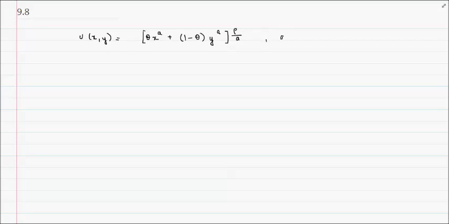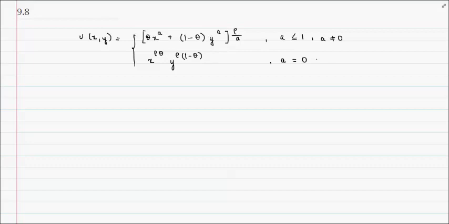This is when a is smaller or equal to 1 and different from 0. Or it's going to be equal to x to the power of rho times y to the power of rho times theta and 1 minus theta, if a equals 0.